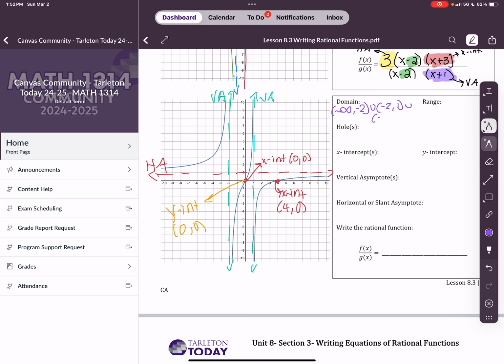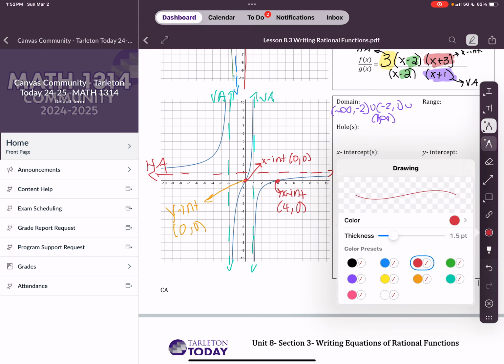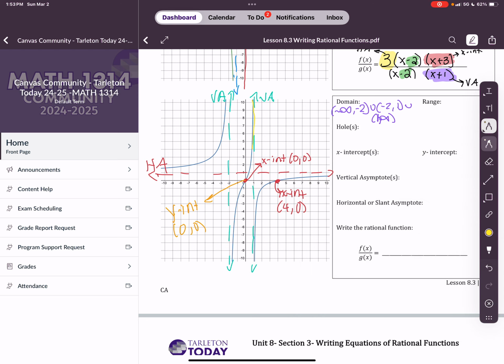Union, and then from +1 to +infinity. And then, because of this really funky function in yellow, our range is negative infinity to positive infinity. It's all real numbers here.